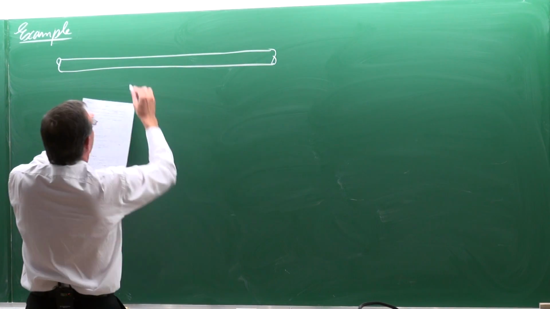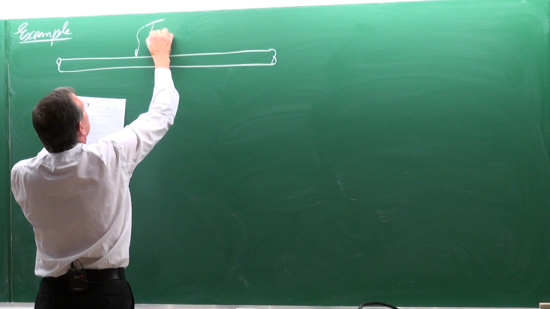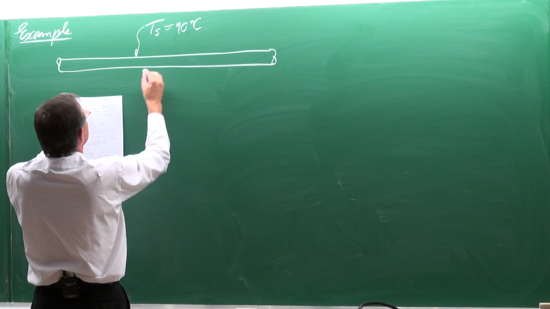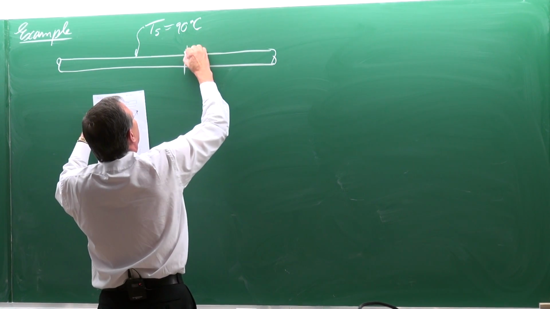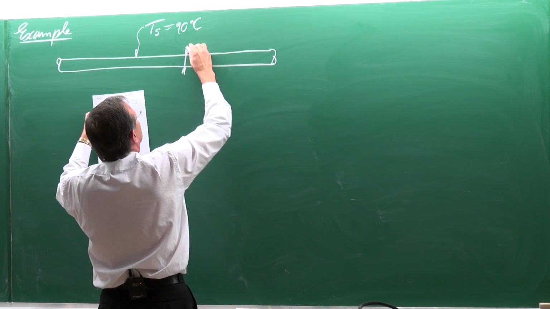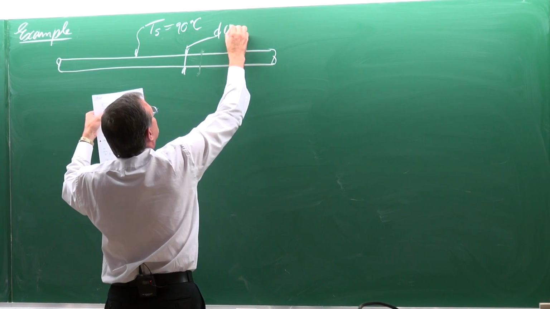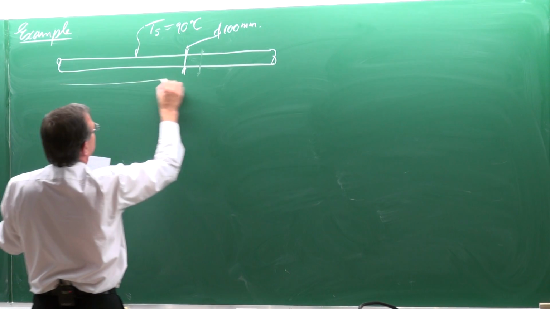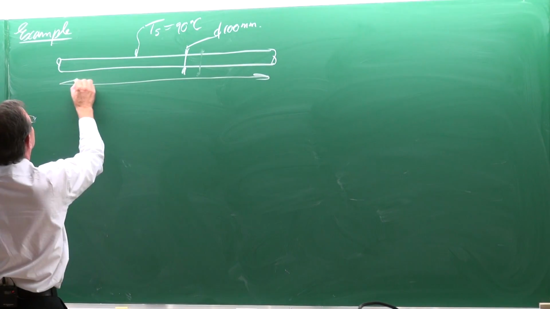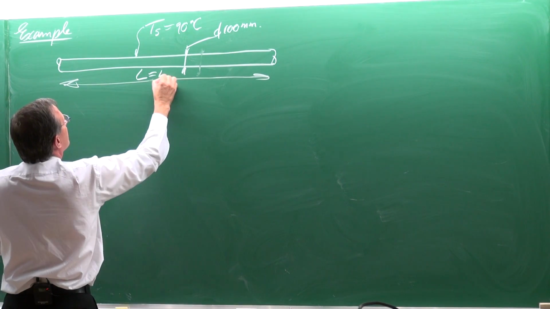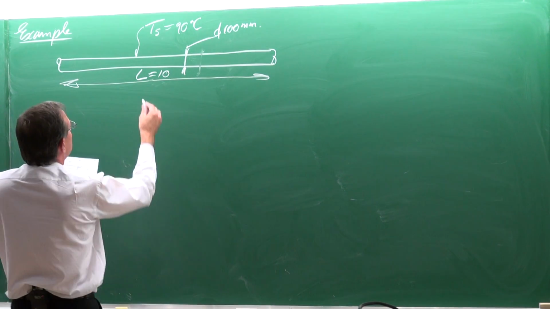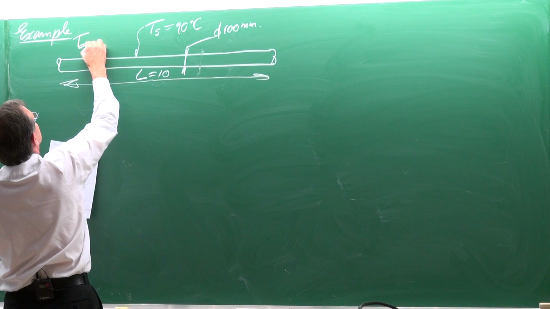It's in a horizontal position, and its surface temperature on the outside is 90 degrees Celsius. Its diameter is 100 millimeters. Its length is 10 meters. And the ambient temperature is 0 degrees Celsius.